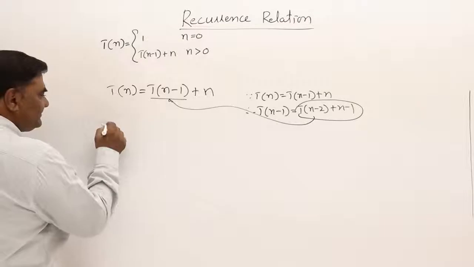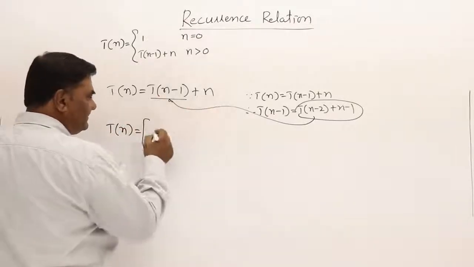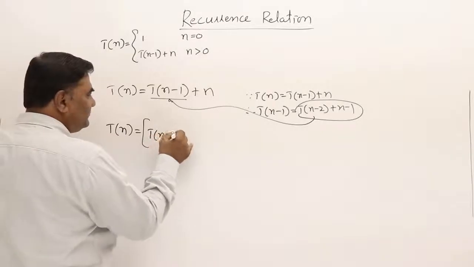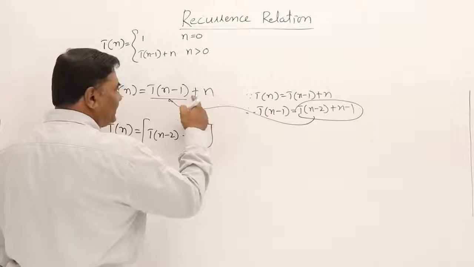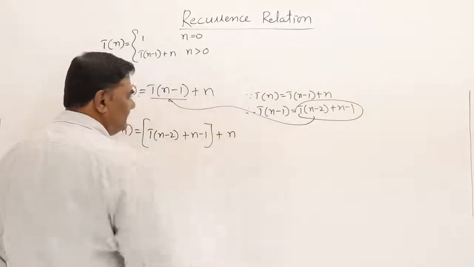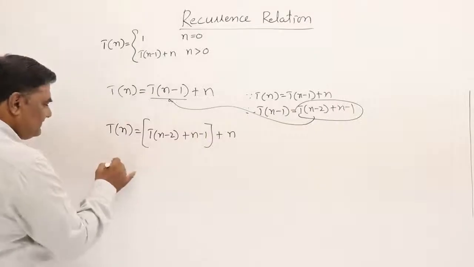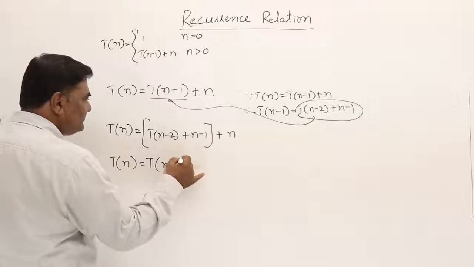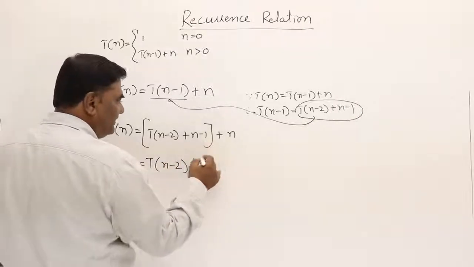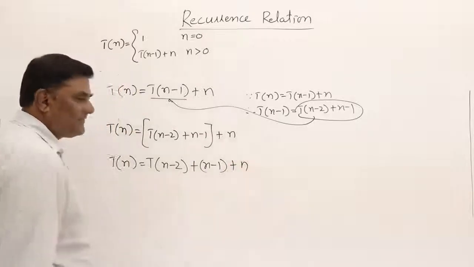Now this becomes Tn is equal to Tn minus 2 plus n minus 1 plus n as it is. If I open the brackets, Tn is equal to Tn minus 2 plus n minus 1 plus n.